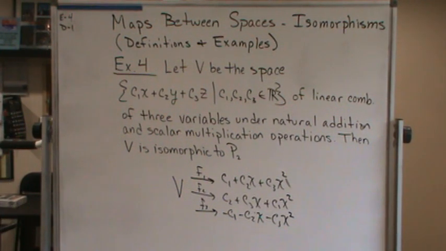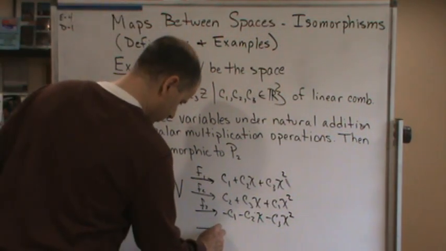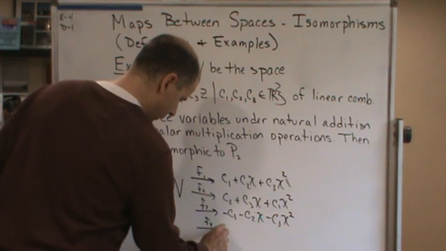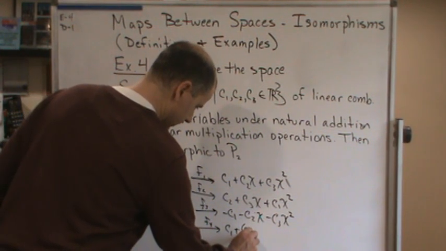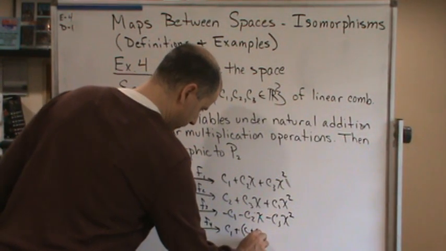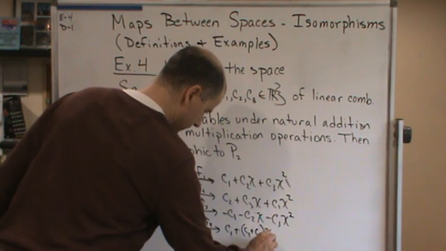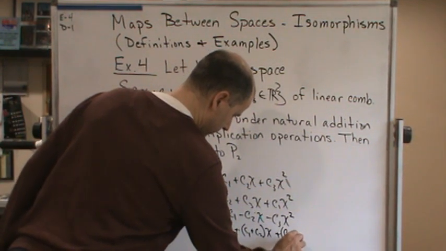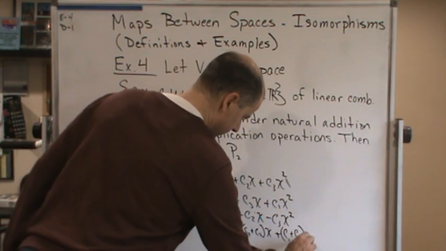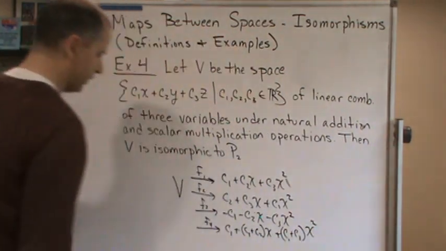And a fourth one we could come up with is call it F4. Let's say C1 plus C1 plus C2 times x plus C1 plus C3 times x squared, right?